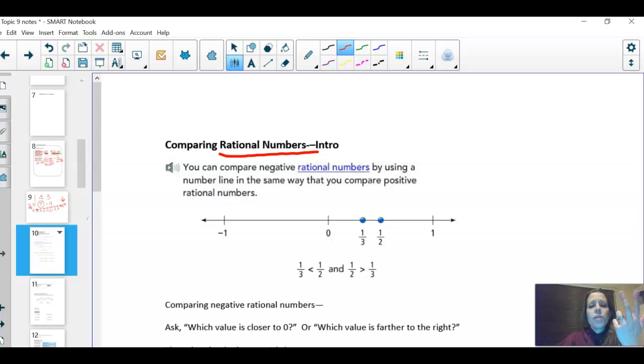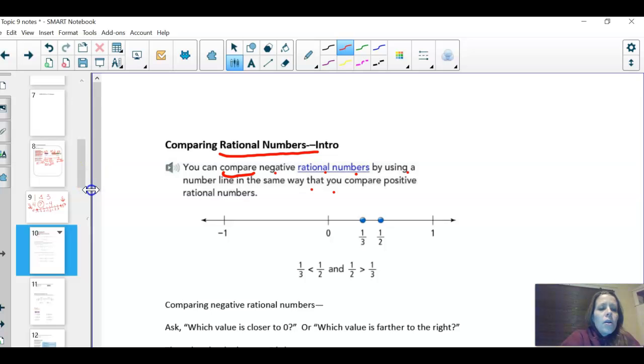Y entonces, recuerdas desde ayer, números racionales, hay números enteros y fracciones y decimales que va a terminar. So you can compare negative rational numbers by using a number line. Tú puedes comparar negativo números racionales si tú estás usando una recta numérica. In the same way that you compare positive rational numbers. En la misma manera como tú vas a comparar positivos números racionales.